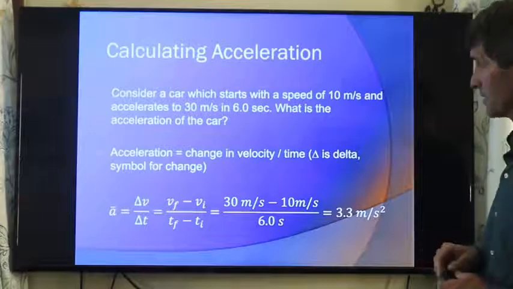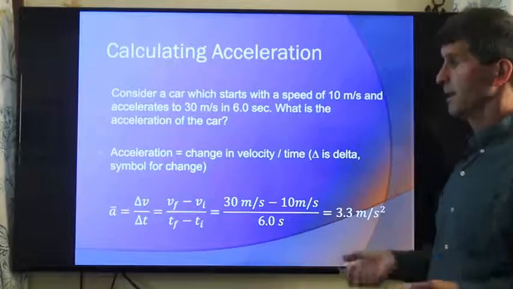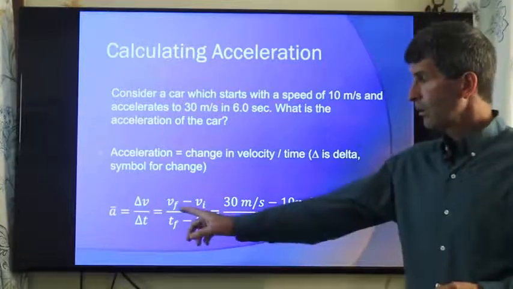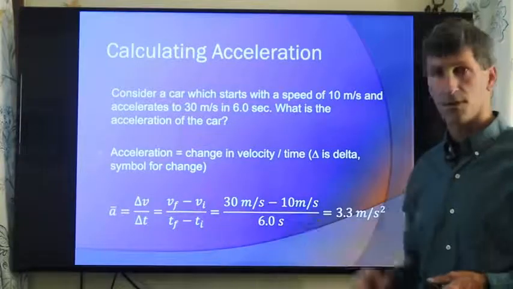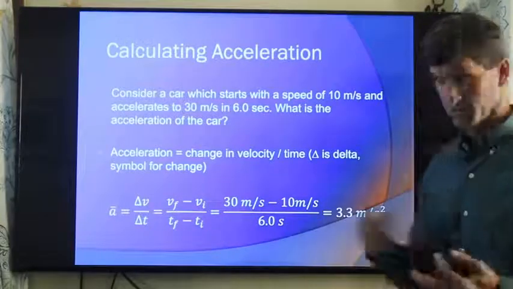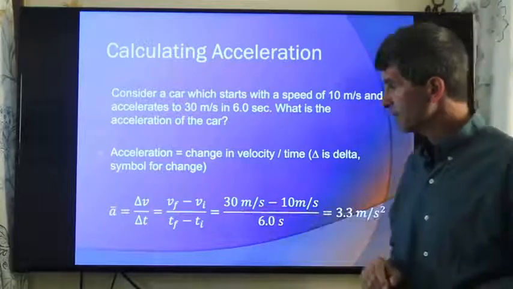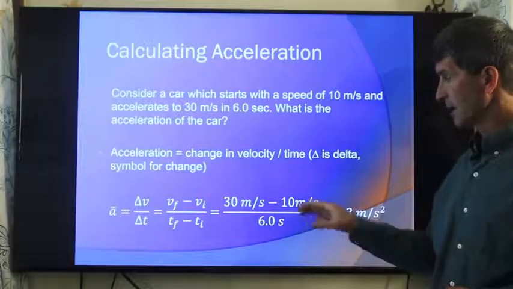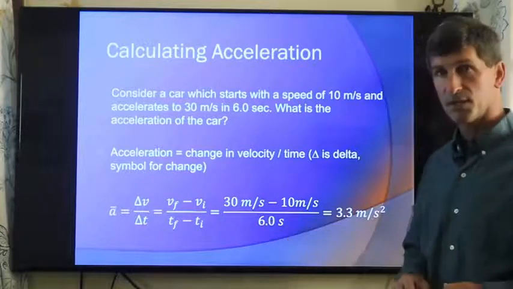So calculating the acceleration, again, if you're just doing average acceleration, it's fairly straightforward. What is your velocity at this point? What was it when you started out? Okay? If there's no change, there's no acceleration. In this case, we have a vehicle traveling 30 meters per second after it initially started at 10 meters per second. The total trip took 6 seconds.